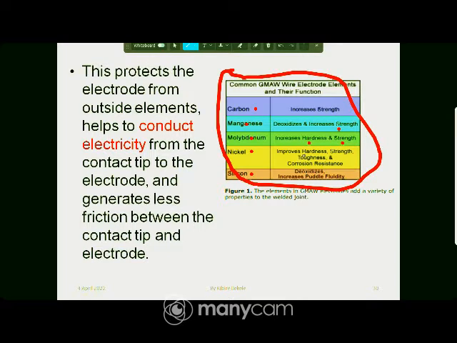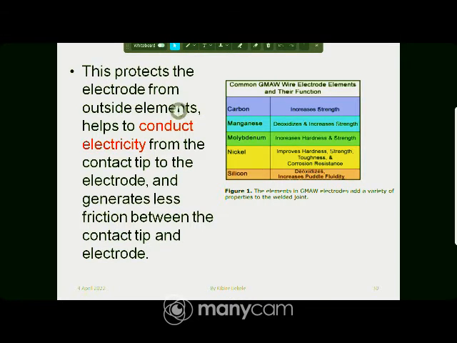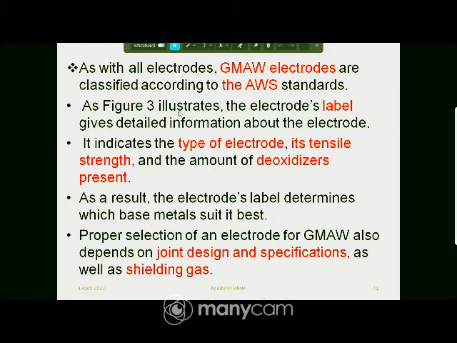Nickel improves hardness, strength, toughness, and corrosion resistance. The silicon is a deoxidizer and increases puddle fluidity. So this is why we add different elements to the electrode.